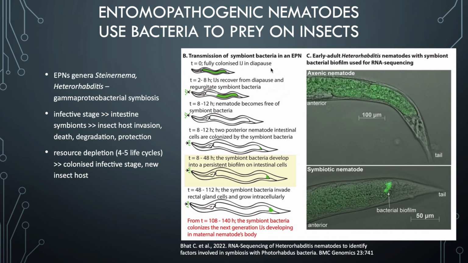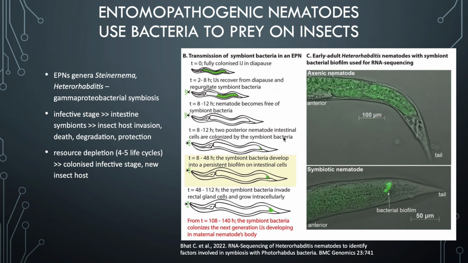Diapause is when animals, like for example nematodes, are able to enter a state of suspended development to survive adverse conditions. Like for example, when food runs out, they can survive this period of time, and then when food is available once again, the nematodes can resume their metabolic function.